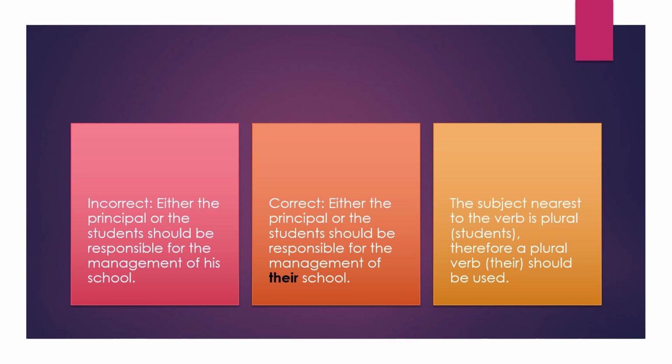Here, the pronoun that we are using is nearest to the subject students, and students is a plural entity. Therefore the pronoun or the verb that follows should always agree with the subject which is closest to it, in person and number, that is singular or plural.